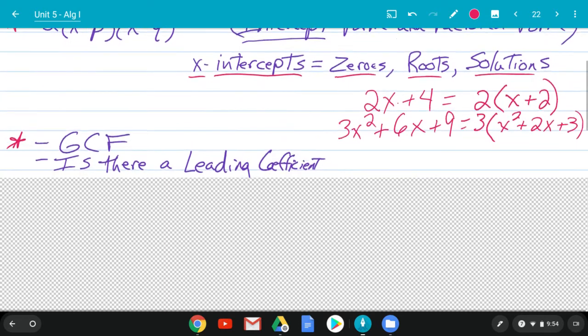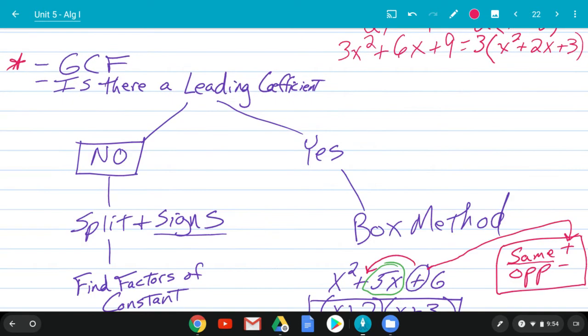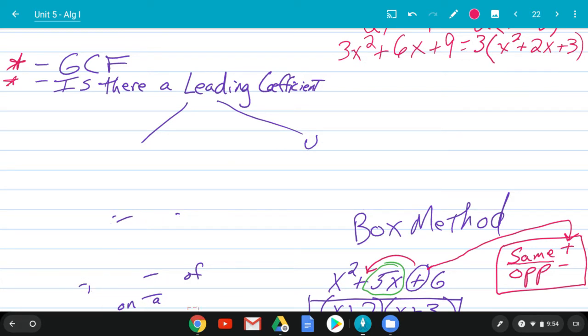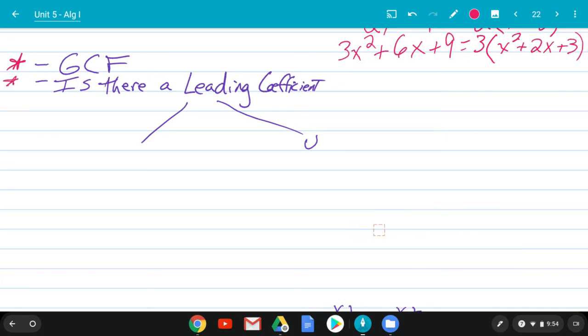After we determine that there's no GCF, which all the ones we're going to be dealing with for a while will not have, we ask: is there a leading coefficient?